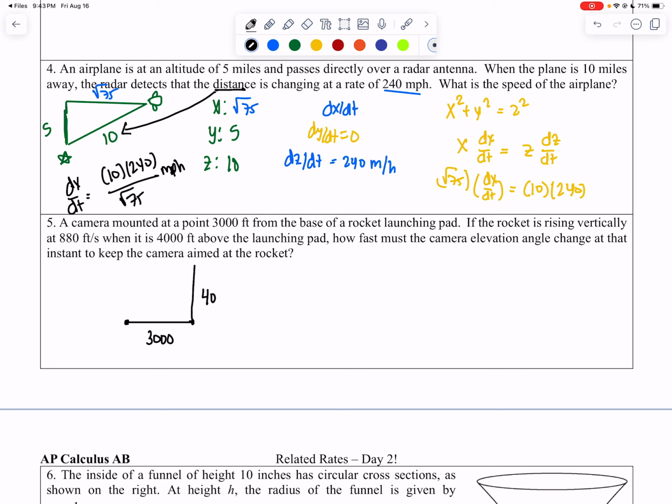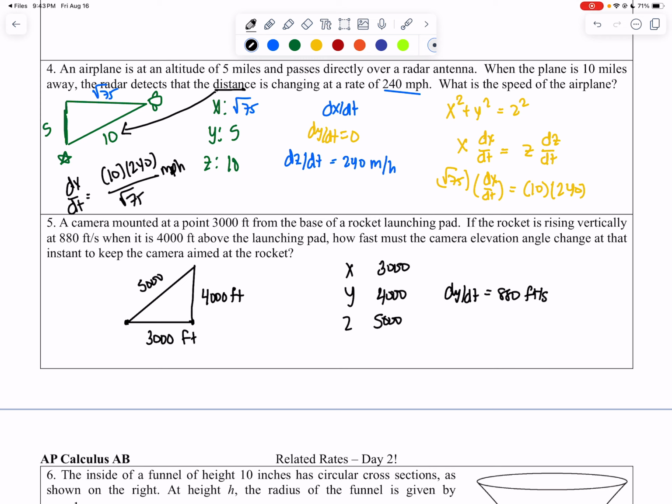So we know that this is 4,000 feet. And we also know that dy dt is 880 feet per second. So 3,000, 4,000, Z is going to be 5,000 using your good old 3-4-5 Pythag triple.